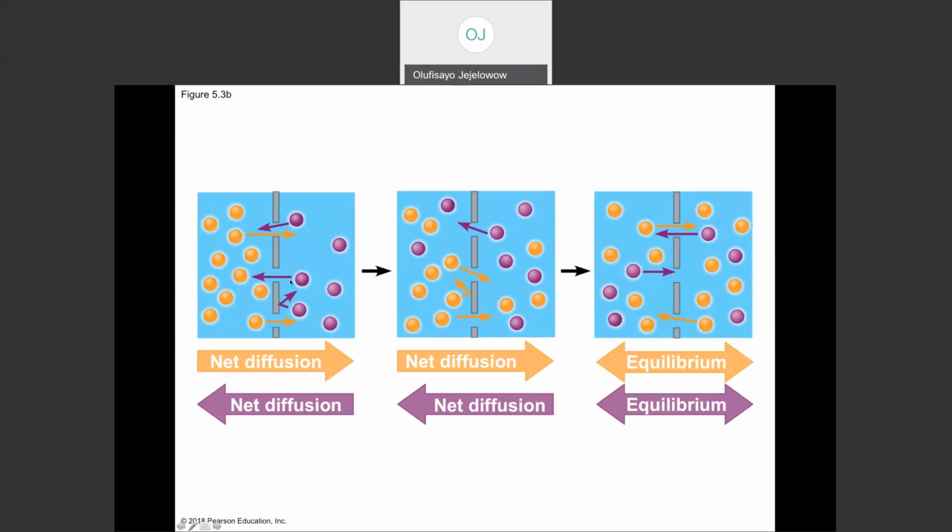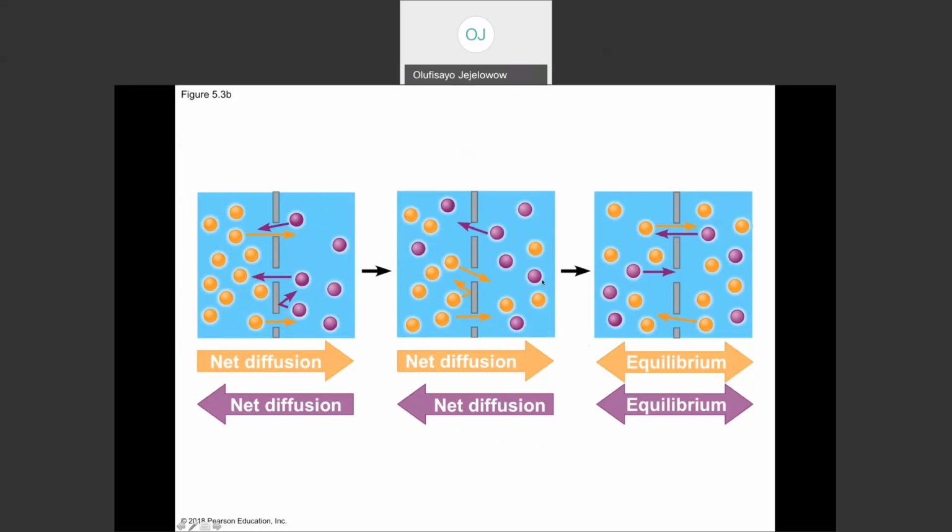And so there are more purple on this side, more orange on the left side. And so there will be net diffusion to the right of the orange particles, and net diffusion to the left of the purple particles. That process will continue until equilibrium is reached for both particles. They will continue to move, but at equilibrium, there will no longer be a net diffusion on either side.